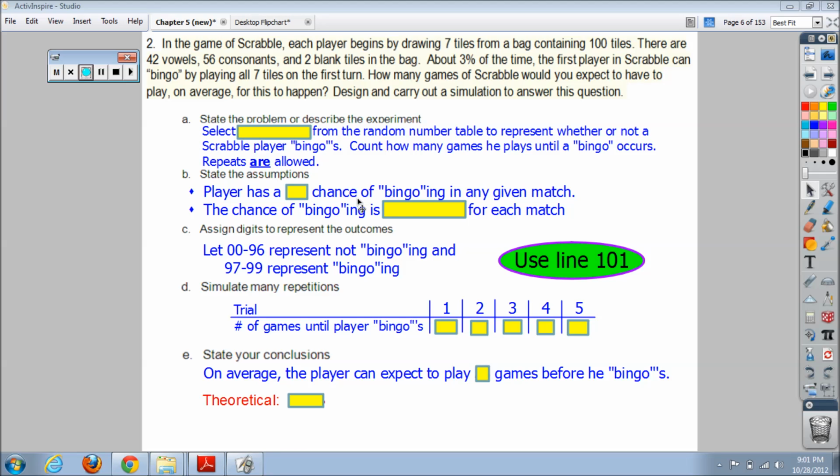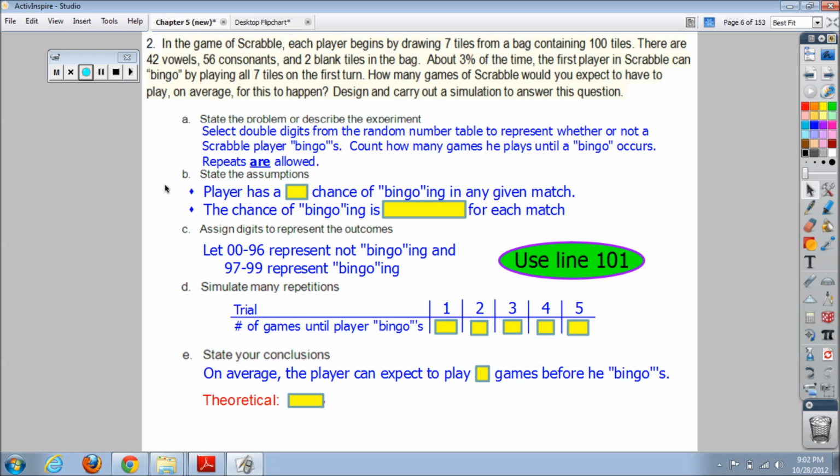So what we're going to do is select double digits from the random number table to represent whether or not a Scrabble player bingos. We're going to count how many times he plays until a bingo occurs. So as we're reading numbers off the random digit table, the favorable numbers, the bingoing numbers, are only looking at the first turn.